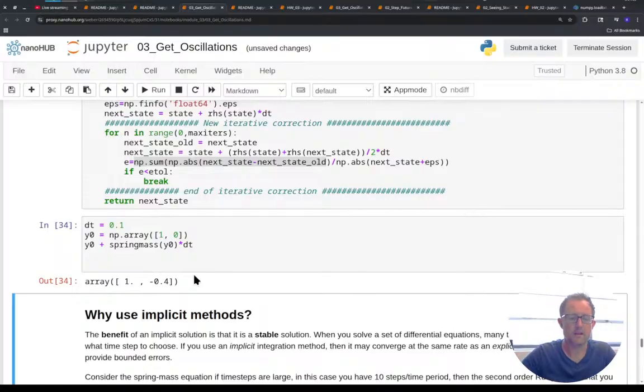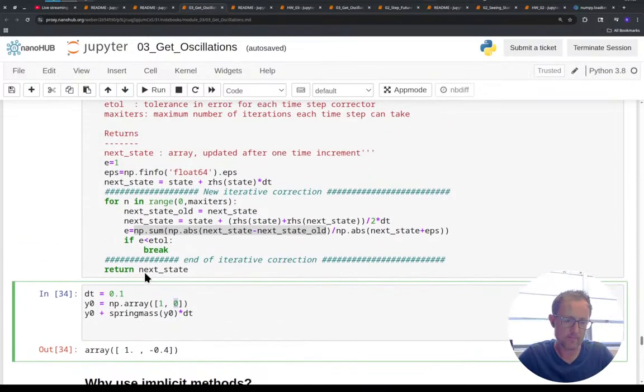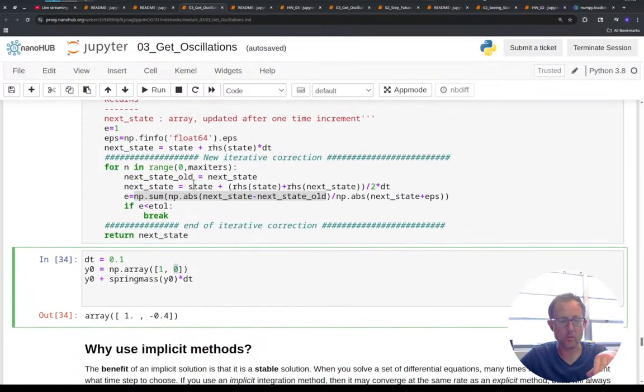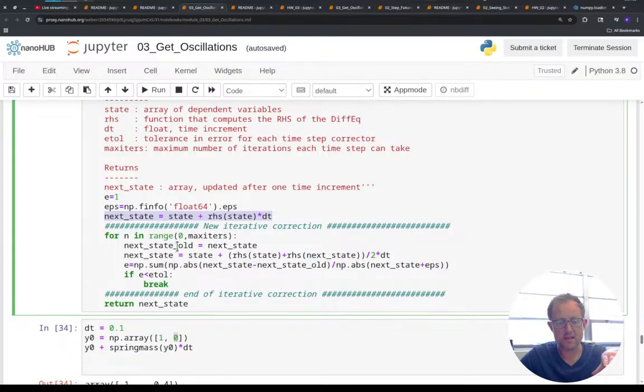That gives me, 0.1 seconds later, I'll still be at 1 meter, but now I'm moving at negative 0.4 meters per second. The reason is that I wasn't moving at time 0, so there's no reason I would have changed position. So it seems like things are working. That's what this step did, just adding that state.